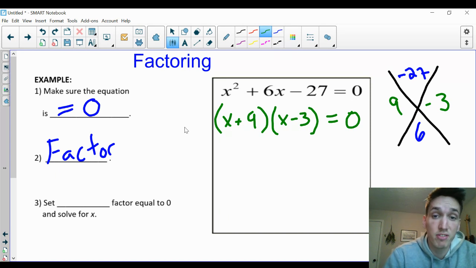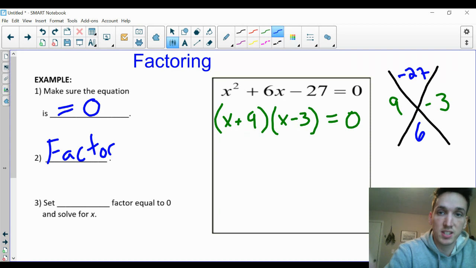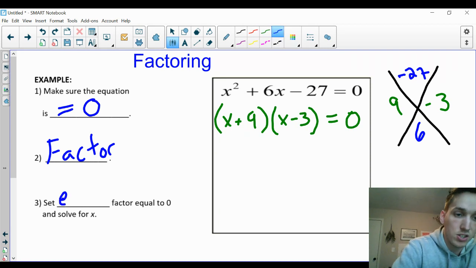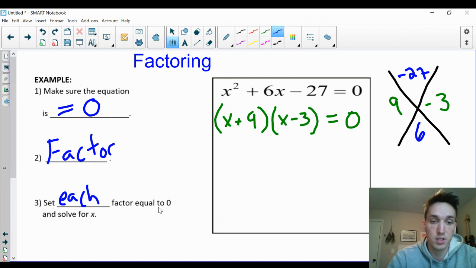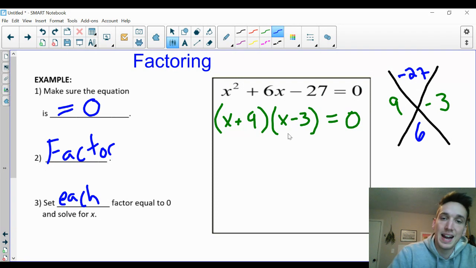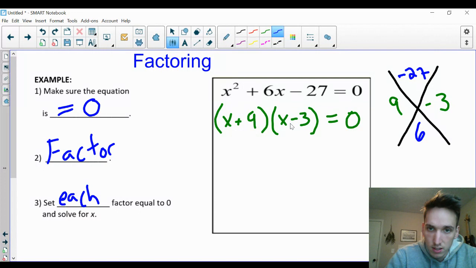And our third and final step is we're going to set each factor equal to 0, and then we're going to solve for x. So the idea of this is that if you've got something times something else, in this case, this factor times this factor equaling 0, then at least one of these two things has to equal 0, right?